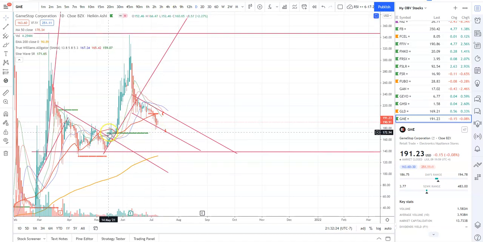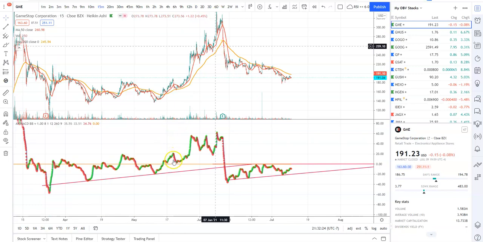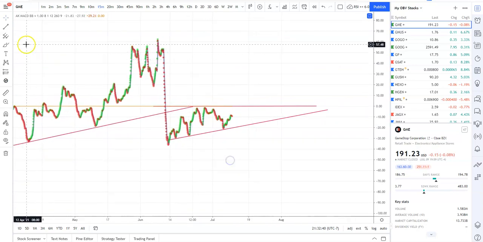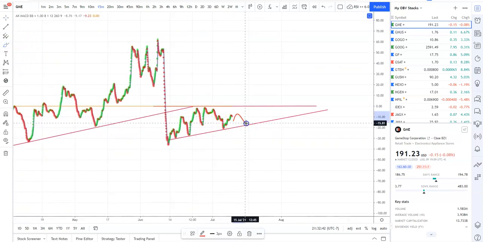Finally, between May 14th and May 17th, somewhere in there, we finally broke out, and that was when we started building this positive momentum above the zero line. I had a couple touch points, but you can see it just held nicely on this support trend line.